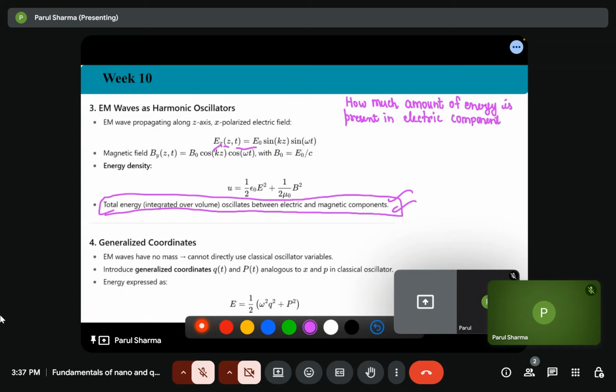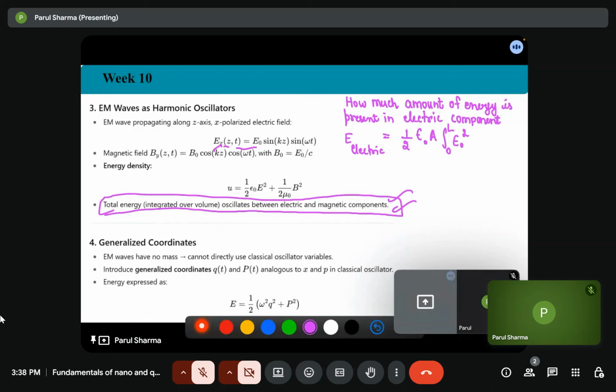Okay, so for that, electric energy is equal to half epsilon naught times area, and we will integrate over 0 to L. This is the box dimension.